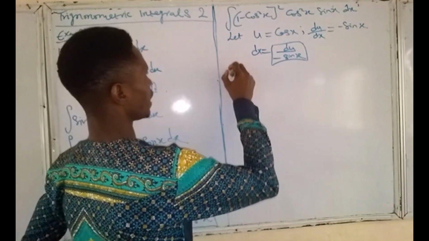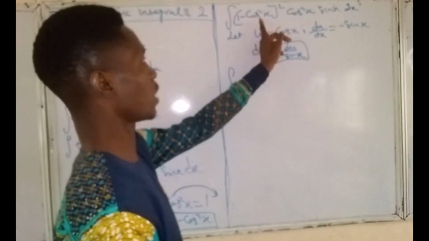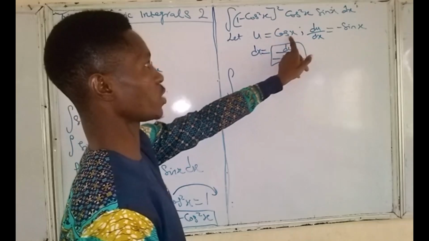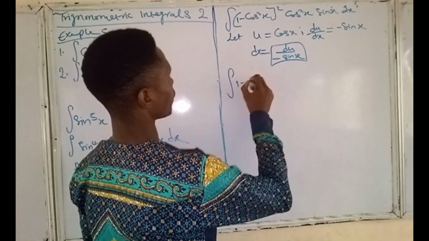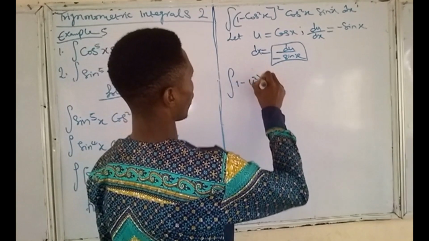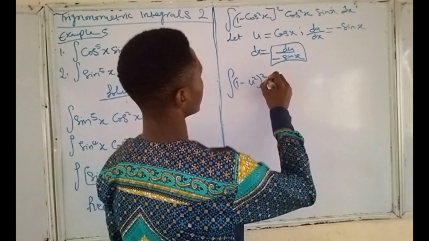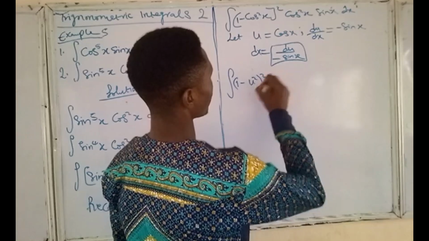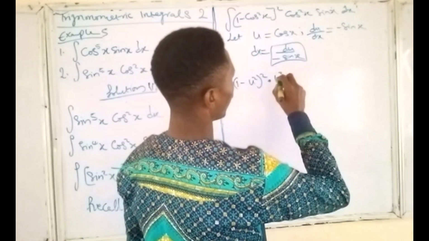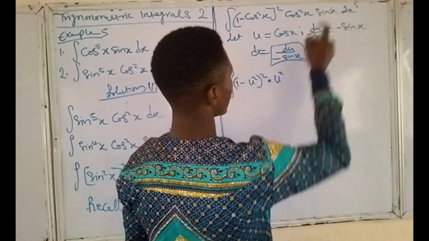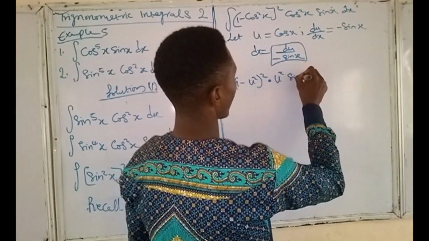So this becomes integral. Also the variables are going to change because we say u is equal to what? Cos⁵x. So it means we have 1 minus u² all squared times cos² is u². What else? We have sin⁵x.